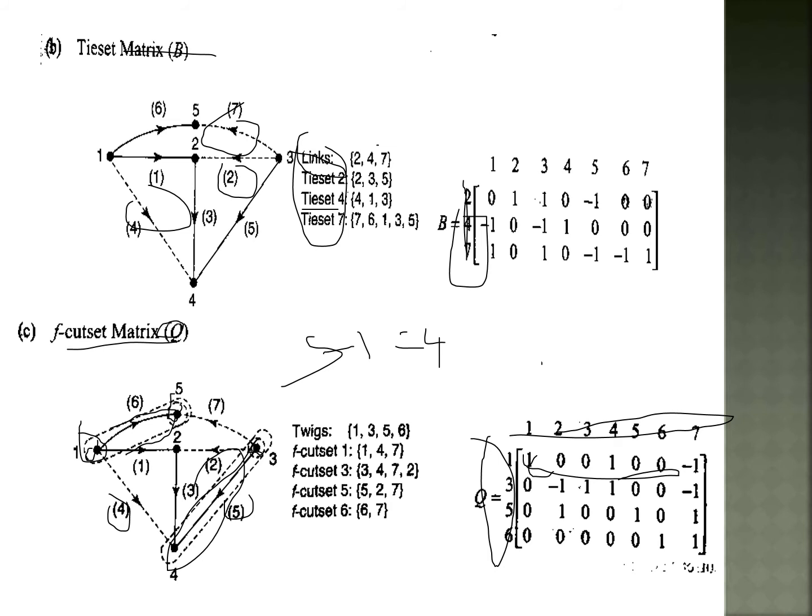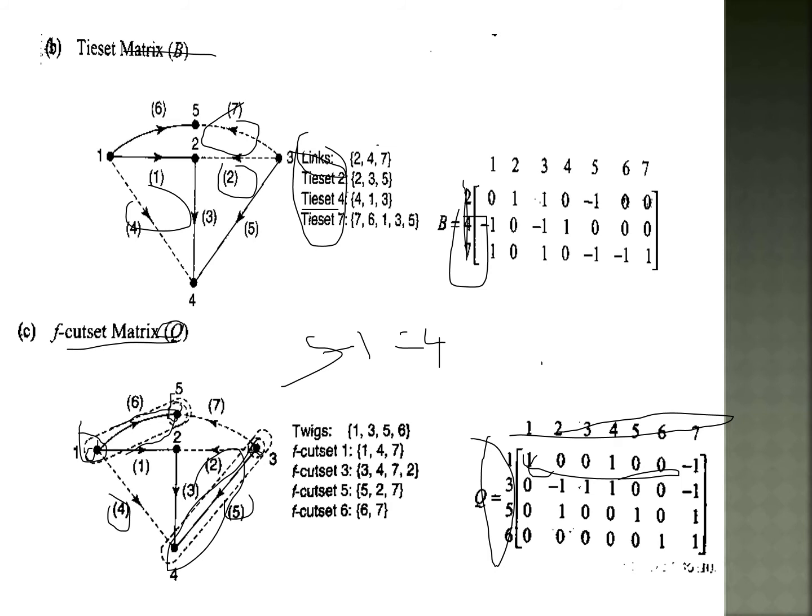Now the fundamental cut-set matrix Q is represented as follows. Here there are 5 nodes, 1, 2, 3, 4, 5, and 5 minus 1 is 4, so the number of cut sets will be 4. This is one cut set, and by representing 1 to 5, this is one cut set, this is another cut set, the third, and this is the fourth.